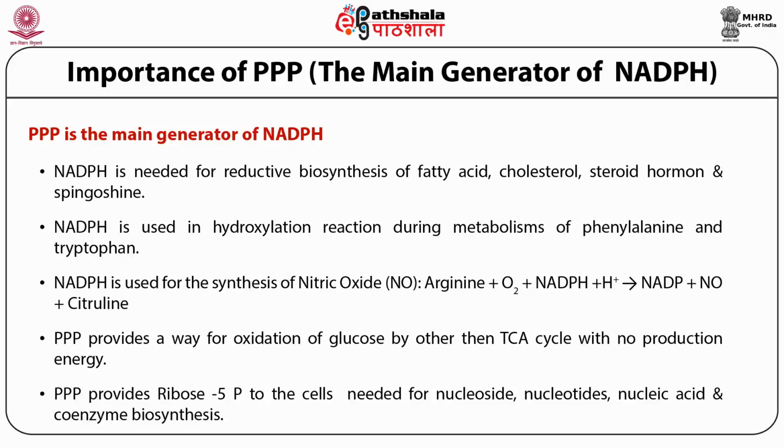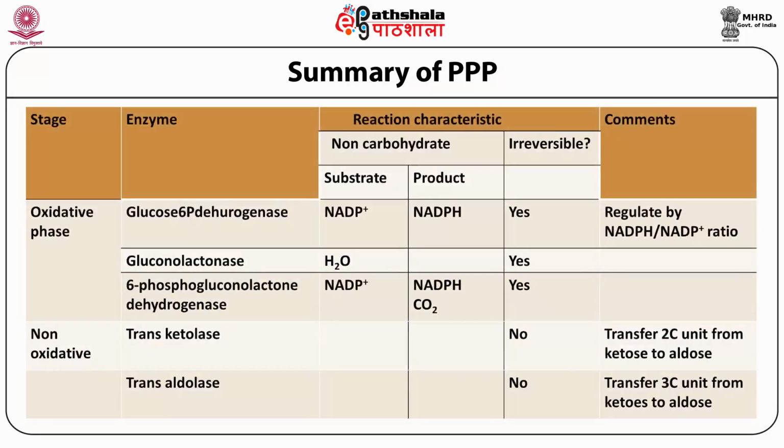In macrophages, nitric oxide is effective against viral, fungal, and protozoal infections. Nitric oxide is a potent inhibitor of platelet aggregation, and nitric oxide also acts as a neurotransmitter in the brain. The following table shows the summary of the pentose phosphate pathway.